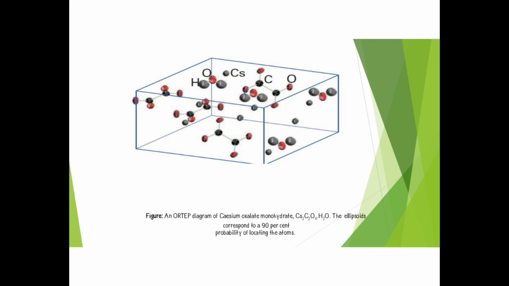Here is the ORTEP diagram of cesium oxalate. In this diagram, the ellipsoid is basically used to show the volume where the atomic nucleus is most probably present. These ellipsoids represent 90% probability of the atom positions.